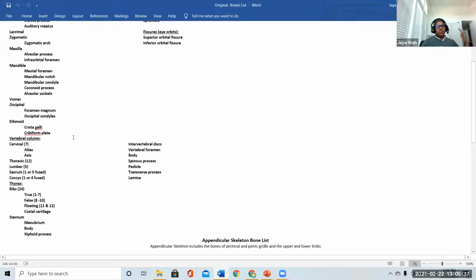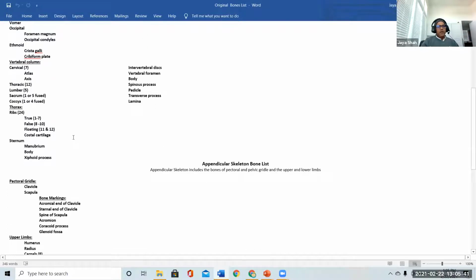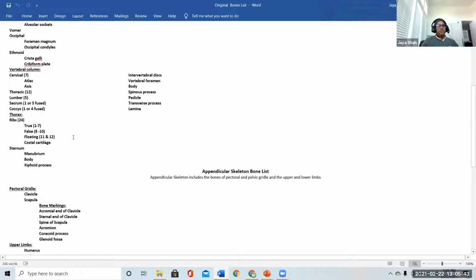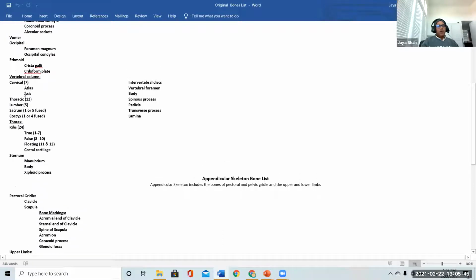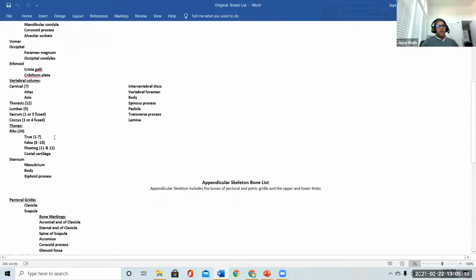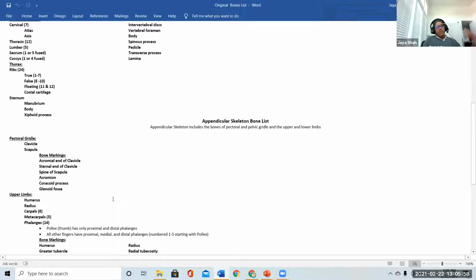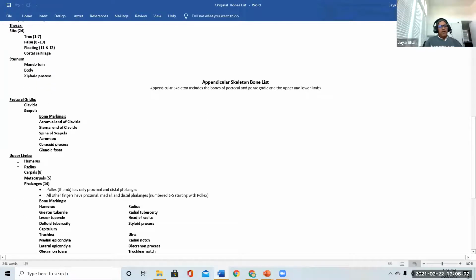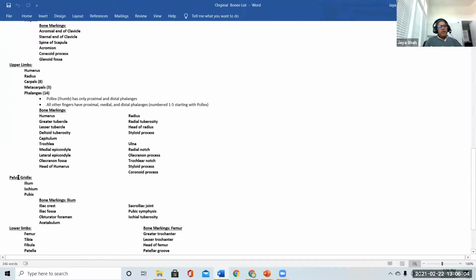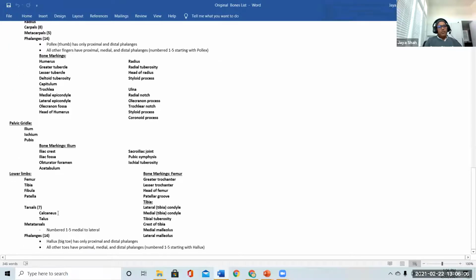In the axial skeleton, you have the skull, the vertebral column, and the thorax. In the appendicular skeleton, you have the upper limbs and lower limbs. Pectoral girdle means pectus, chest, and girdle means extension. Then upper limb, pelvic girdle, and lower limb bones.